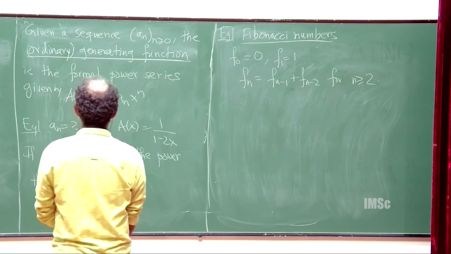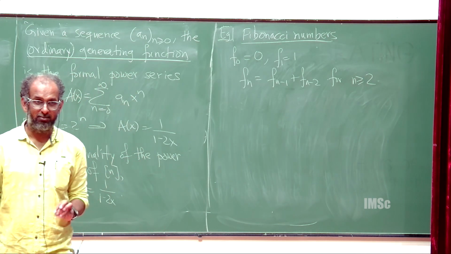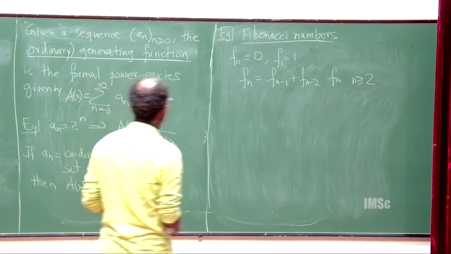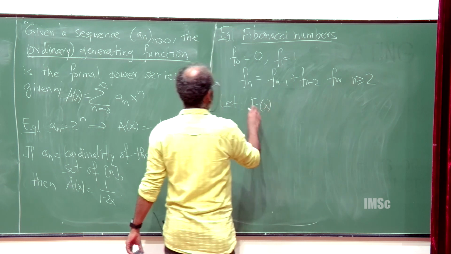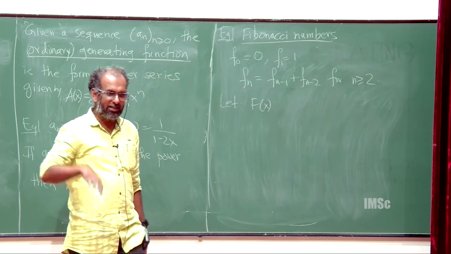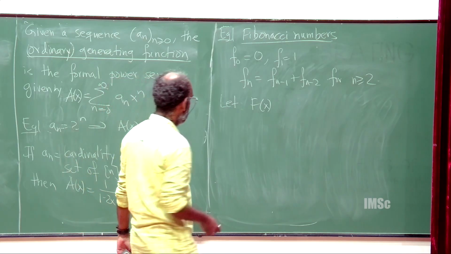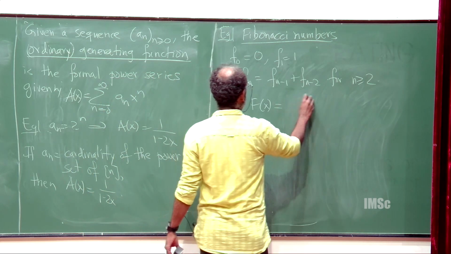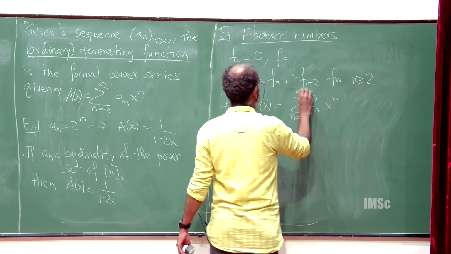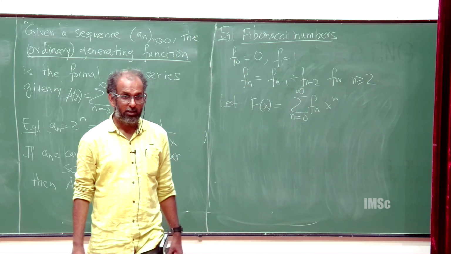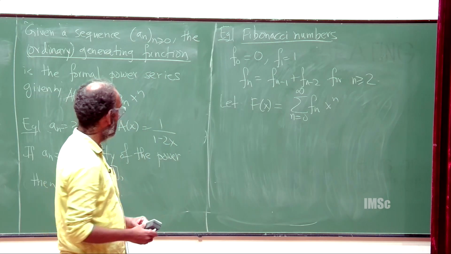So let us compute the generating function for this, and I will show you it's really simple. So let F(x), I usually take the convention that I write capital for the generating function and lowercase for the sequence, be sigma f_n x^n.